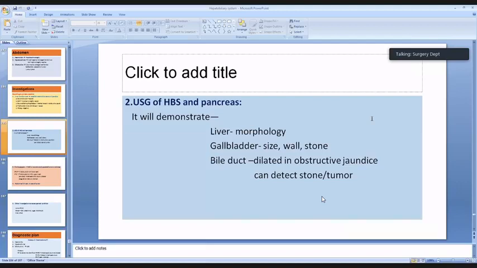Then we can do routinely an ultrasonogram of the hepatobiliary system and pancreas. It will demonstrate the liver morphology. It can tell us about the gallbladder, its size, wall, stone. It can give information regarding the bile duct. And it can also give information about the spleen.